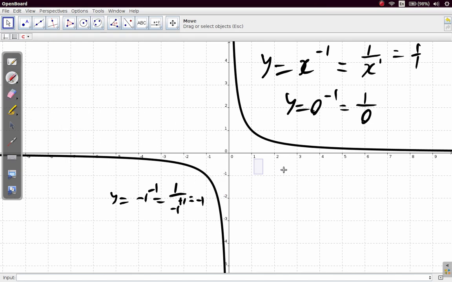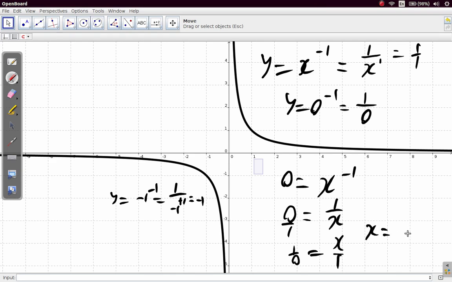If y should be 0, then 0 is equal to x to the -1. So 0 is equal to 1 over x. What would x be? This is 0 over 1 equal 1 over x. If we find the reciprocal of both sides, we will have 1 over 0 is equal to x over 1.